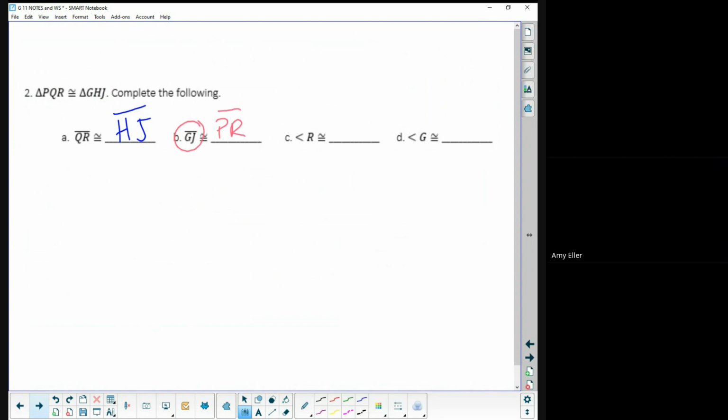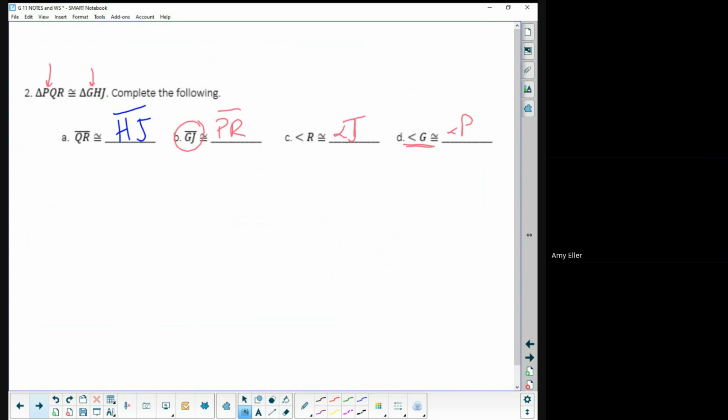Okay, our next one, angle R. Let's find angle R. It's listed last, so that has to go with the last one, angle J. And then we have angle G. G is listed first, so that goes with whatever is listed first over here. So that's angle E. Notice all of our answers are letters.